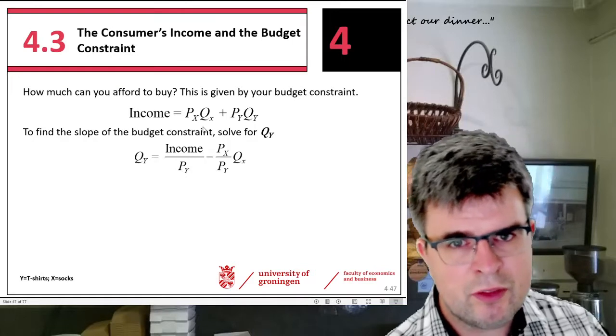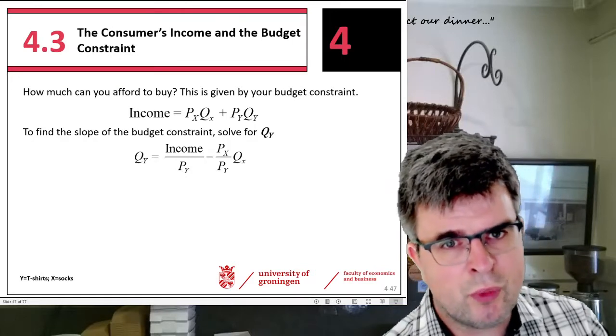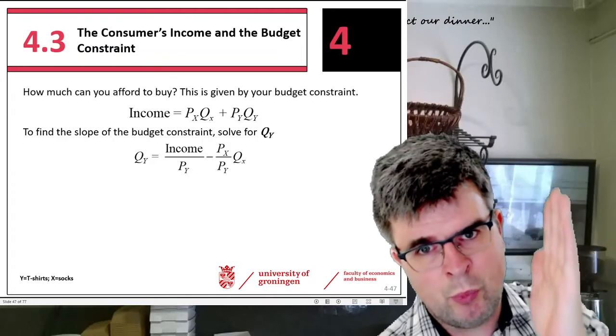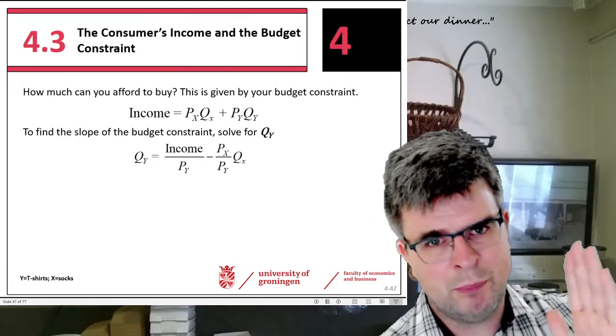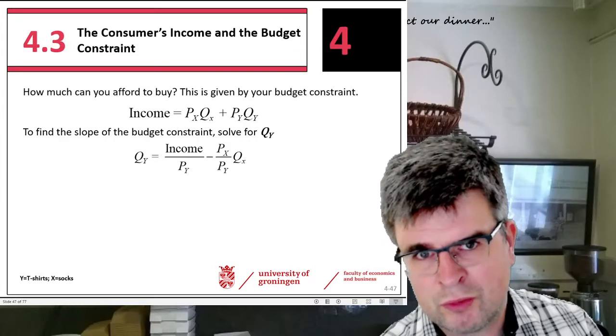So, to find the slope of the budget constraint, we will solve this equation for QY. Why is that? Well, because we have good Y on the Y-axis, the number of units. So we want that to have on the left-hand side of our equation.